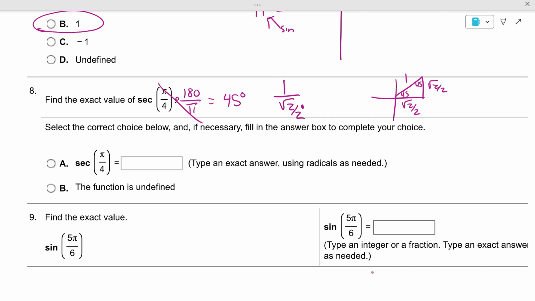Well, if I multiply by the denominator of the denominator, the 2's cancel. I still have a 2 on the top. And we get 2 over the square root of 2. And then multiply by square root of 2 over square root of 2. And you get 2 square root of 2 over 2. And those cancel. So you get just the square root of 2.